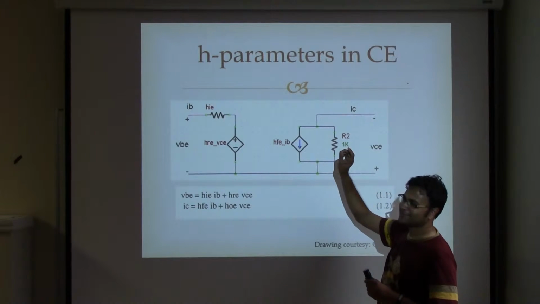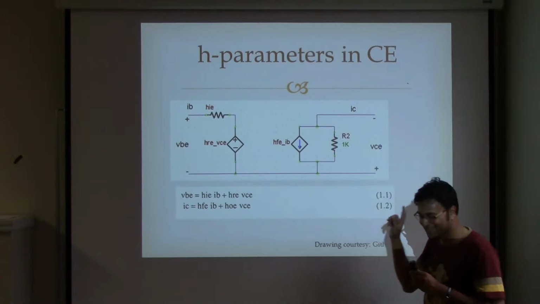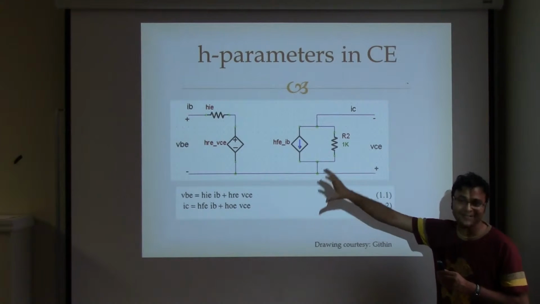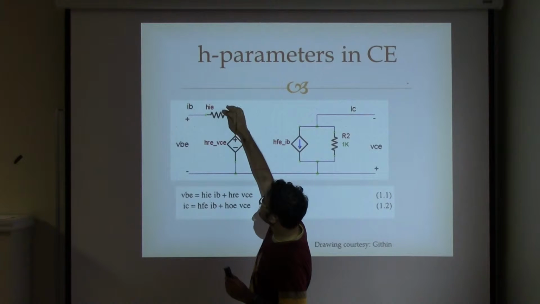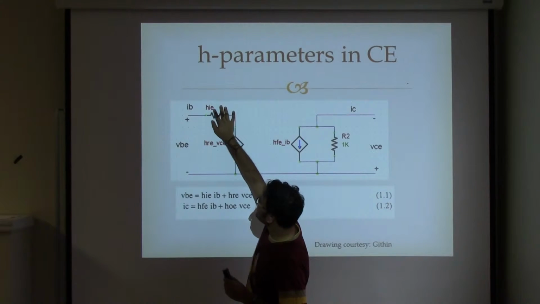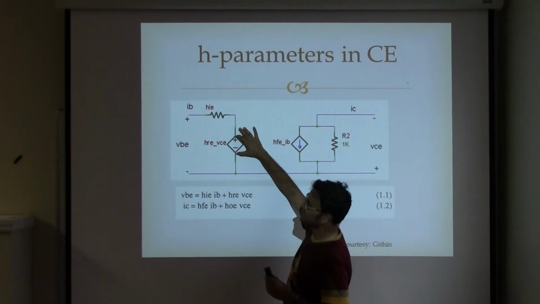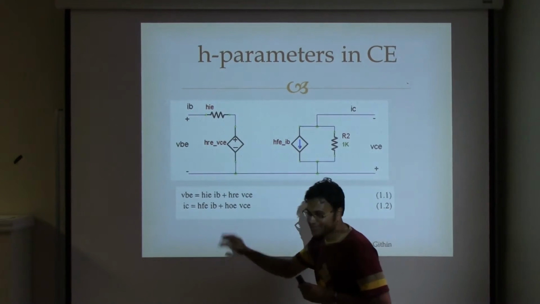Okay, I forgot the exact name of the formula, but if you add the voltage drops, you end up with the voltage at the end. So VBE here is HIE times IB, plus HRE times VC, which is a dependent voltage source. So VBE equals this and this, pretty simple.